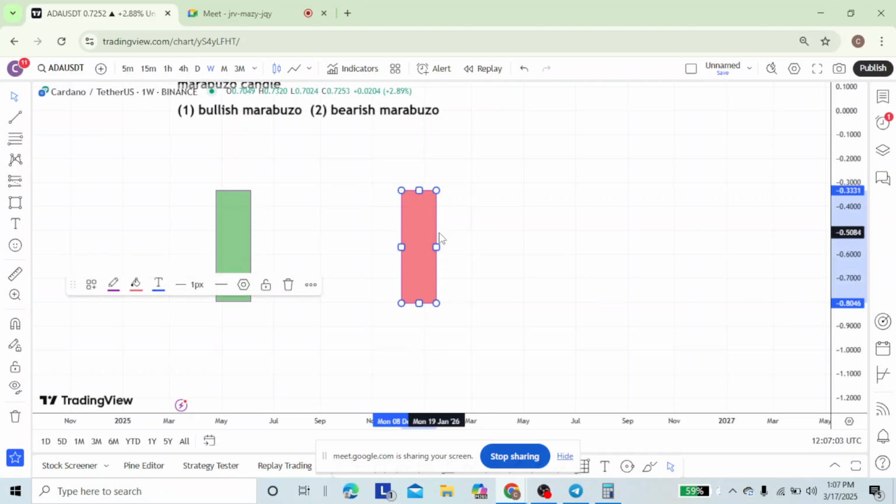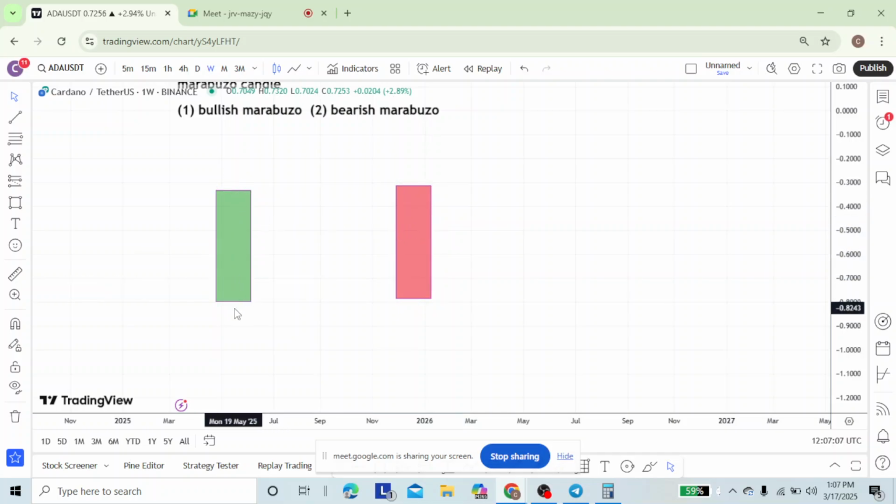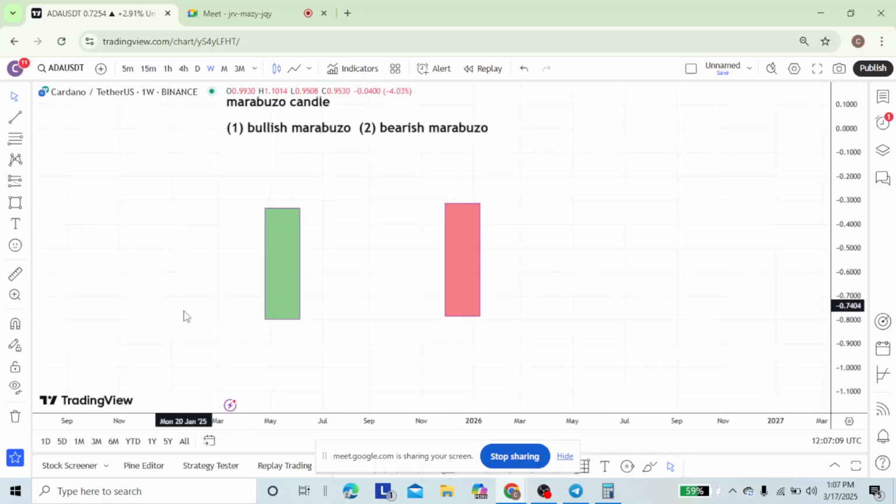This candlestick has no wick at the top and at the bottom. Remember last class I told us that candlesticks sometimes have wicks like this, but for the case of the Marabozo candlestick, it does not have a wick.